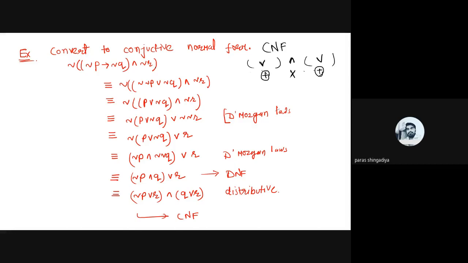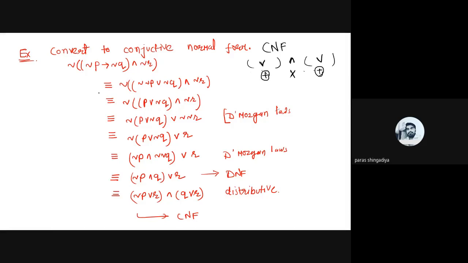So we will convert this form to this one by using such rules and such properties and so on. The compound statement given is negation of bracket (negation P conditional negation Q) bracket over, and negation R. This form is given.